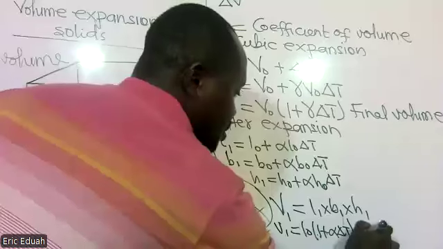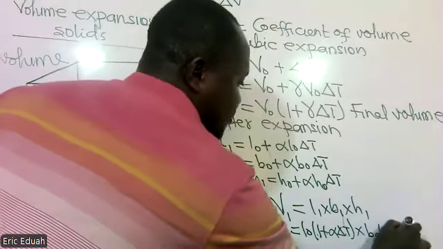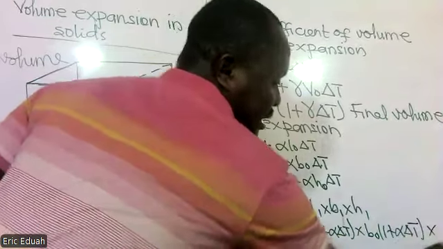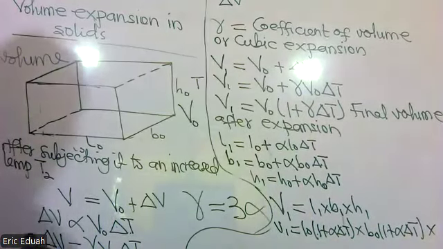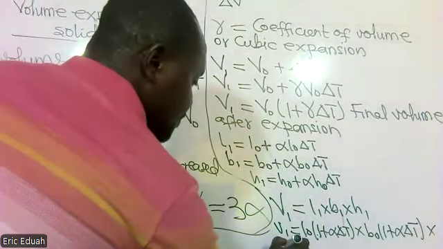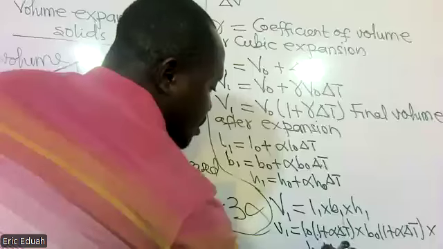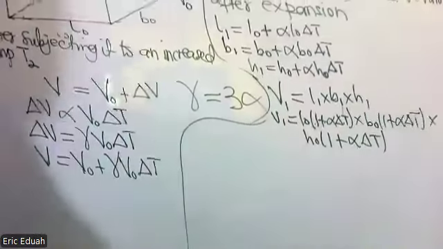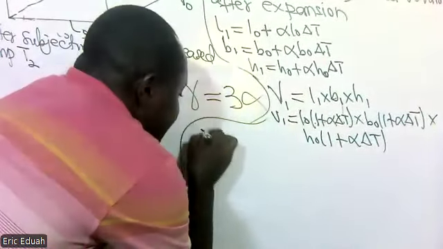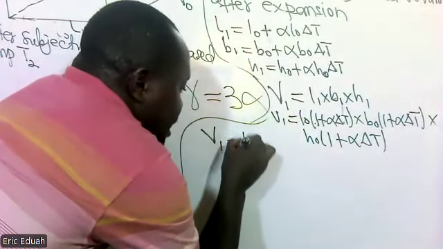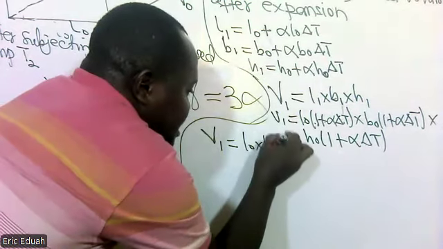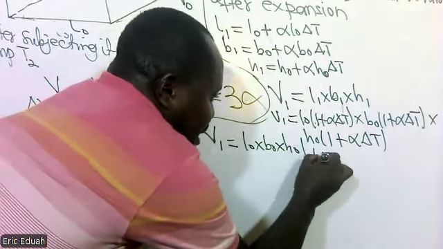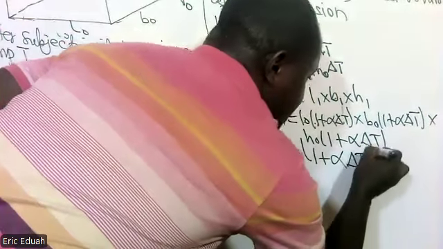B1 would be equal to B0 times (1 plus alpha delta T), times H1. H1 is also H0 times (1 plus alpha delta T). Then the rest is mathematics. V1 therefore is equal to L0 times B0 times H0, all times (1 plus alpha delta T) all raised to the power 3.